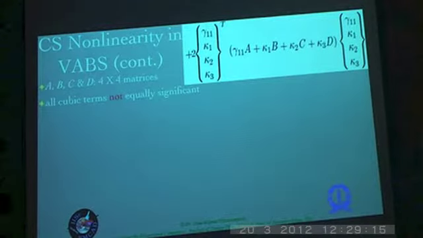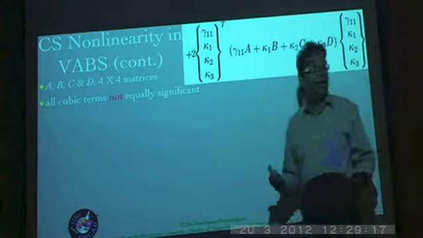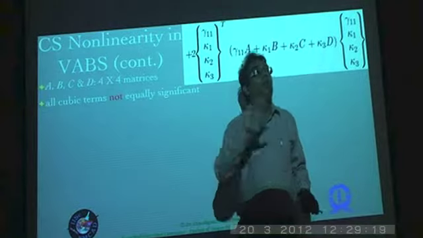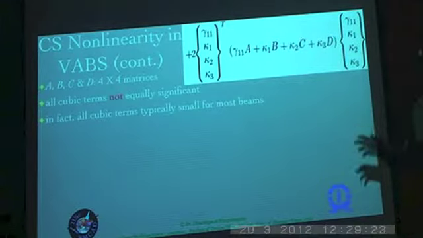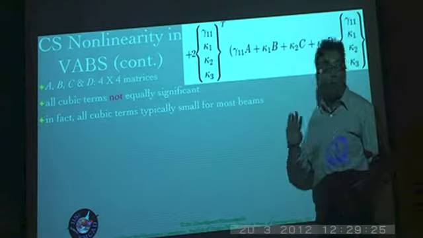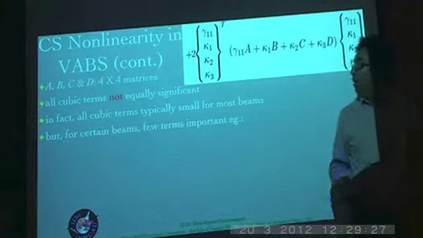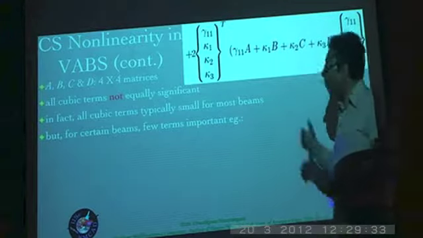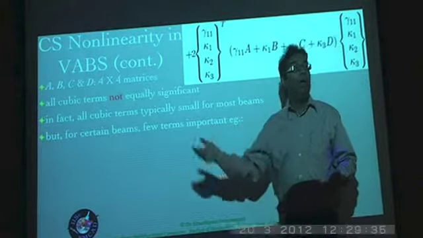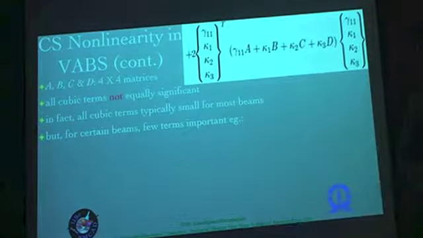And not all of these cubic terms are equally significant. In other words, A, B, C, D can have a lot of zeros in their elements. All cubic terms typically are small for most of the beams, in fact. And for certain beams, a few of the terms become important. And as we said, some examples of that are the strip and thin-walled open cross sections.